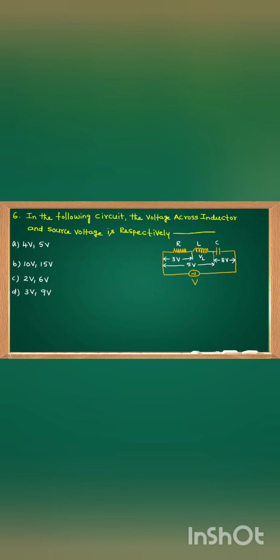To find the voltage across the inductor, apply the formula for these two elements. If you apply the formula for the RL circuit, first I am applying the formula for the RL circuit.